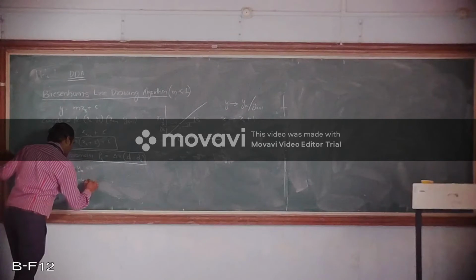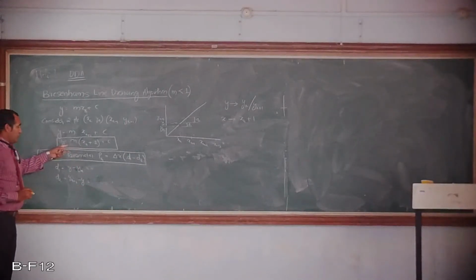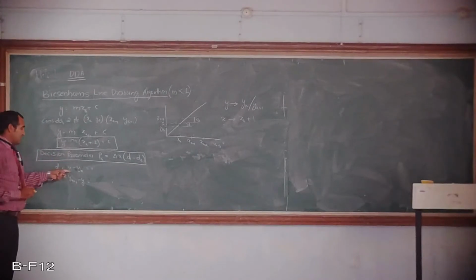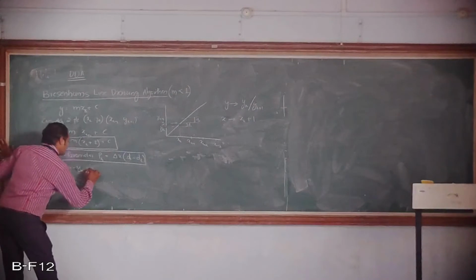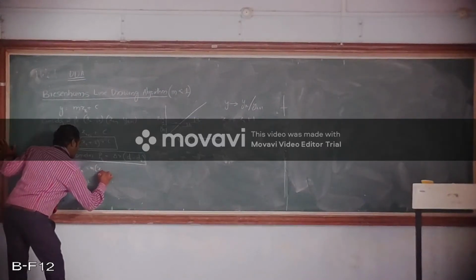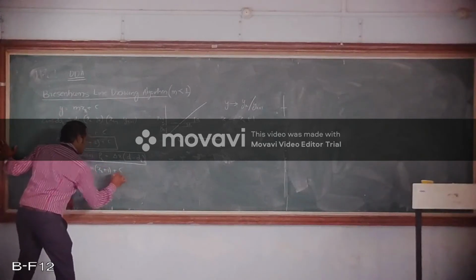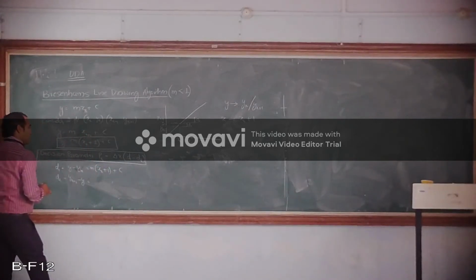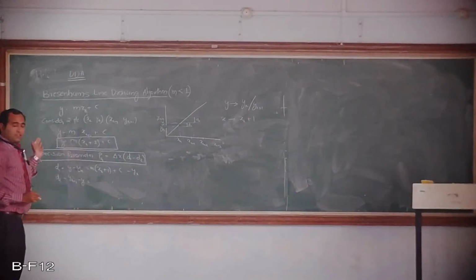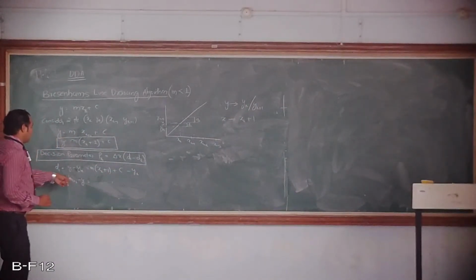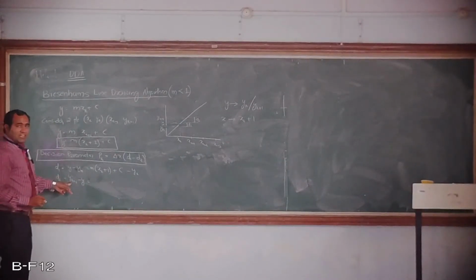Therefore, I know the value of y, so I can substitute it here as well as here. Substituting the value of y, that is m into xk plus 1 plus c, as it is minus yk. Then substituting the value of y in d2 as well, I will keep yk plus 1 as it is.